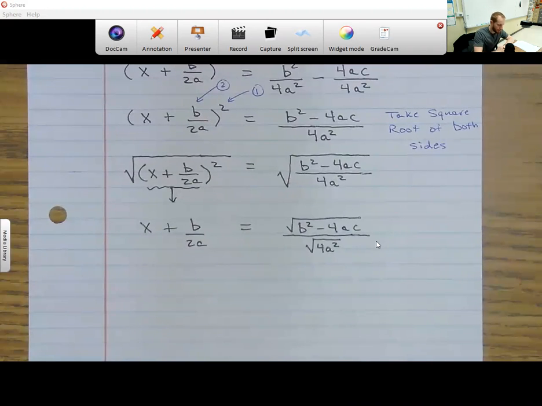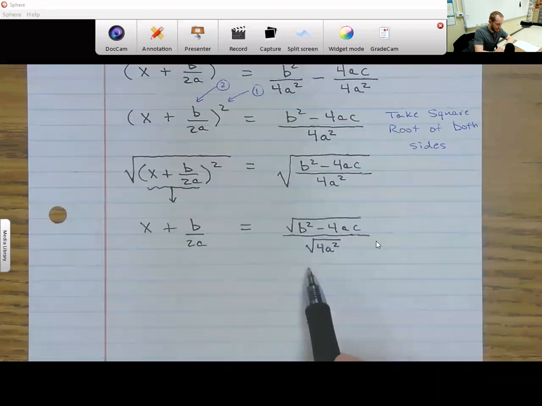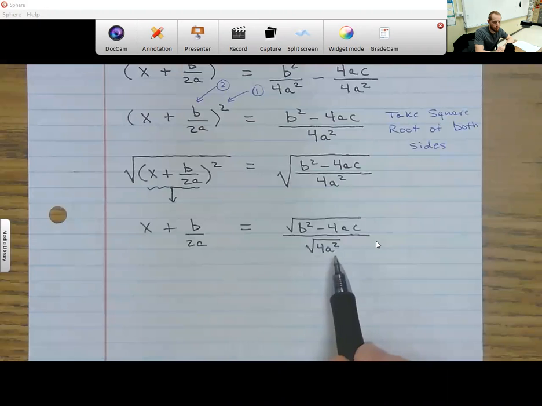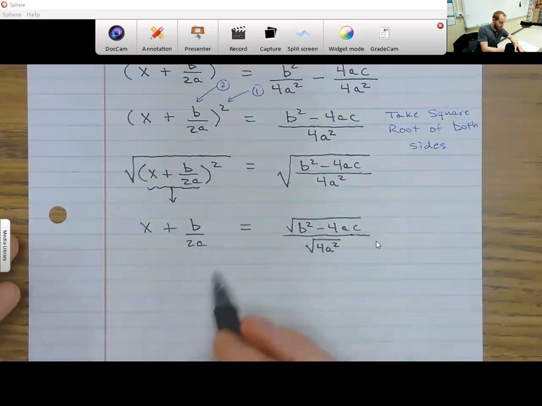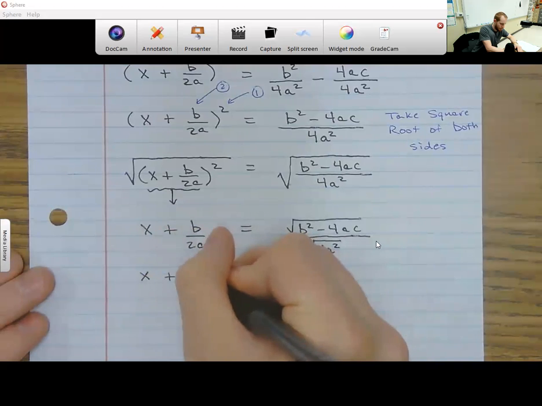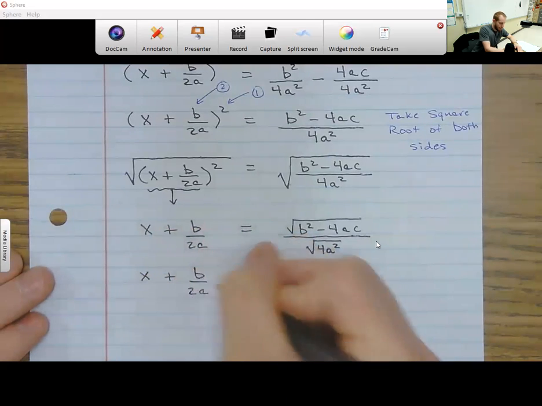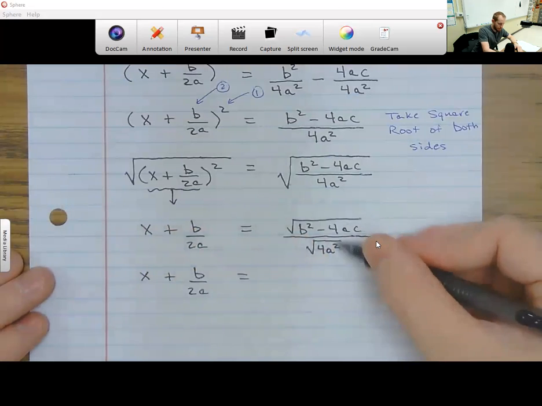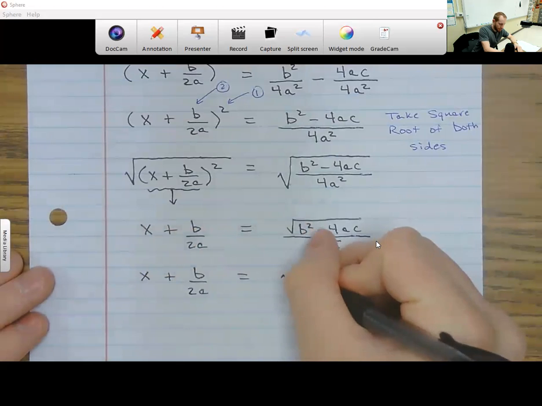Now, what happens when we take the square root of the bottom? Can we take the square root of 4? Yeah. Can we take the square root of a squared? Yes. So what's that going to look like? Well, first of all, the left side is going to stay the same. But I'm going to leave the top the same.